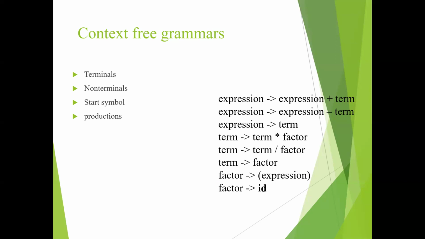Non-terminals are syntactic variables that denote sets of strings. The start symbol denotes the start of that particular language. And productions denote the grammar, where the terminals and non-terminals can be combined to form a particular string.